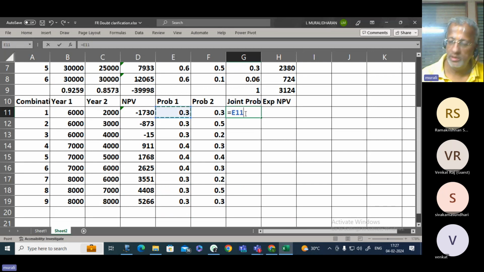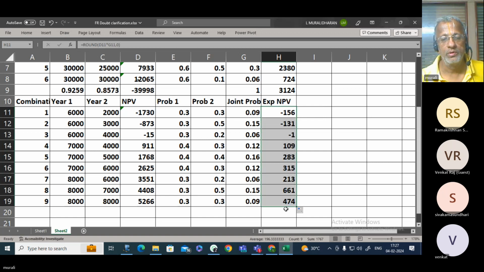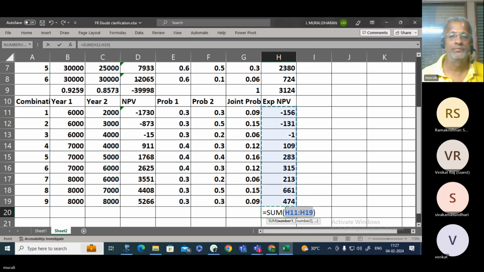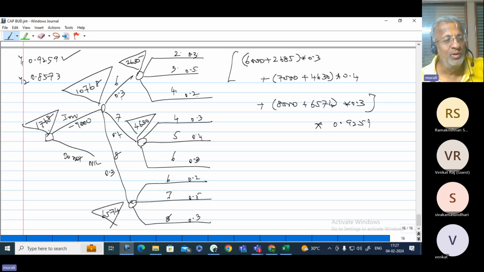Joint probability, round. 1767. Have you got it?